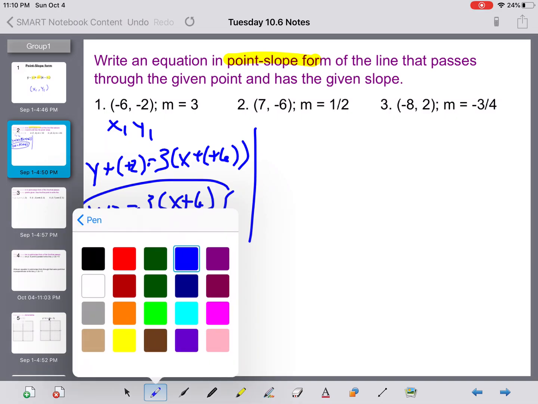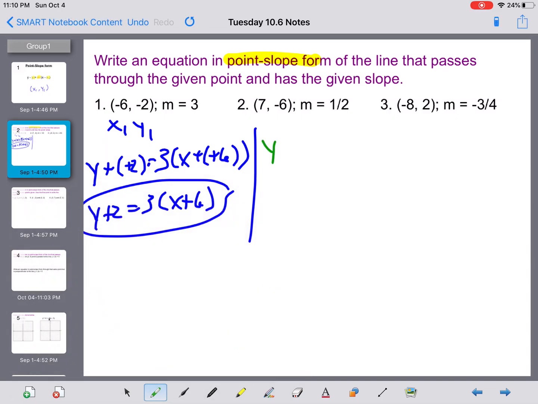Similarly, for the next one, we would say y minus -6 is equal to 1/2 times x minus 7. We want to clean these double negatives up, so we're going to say y plus 6 is equal to 1/2 times x minus 7.